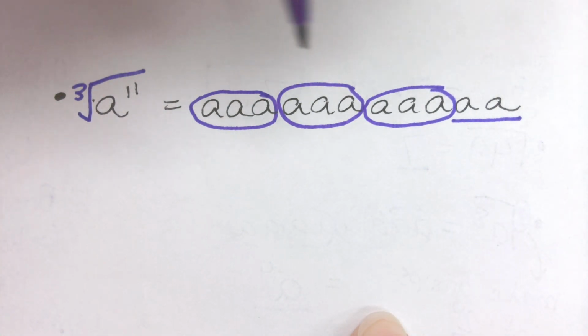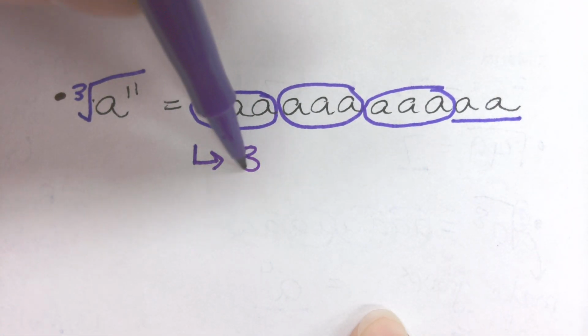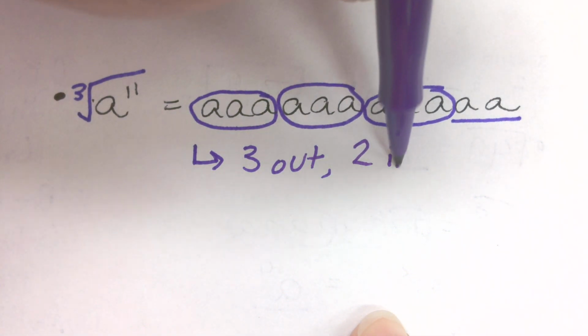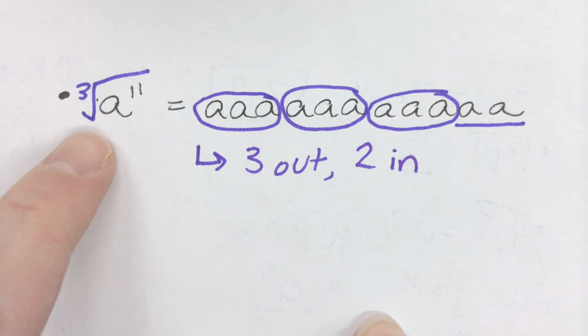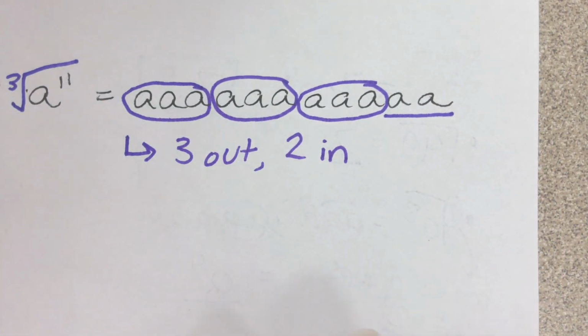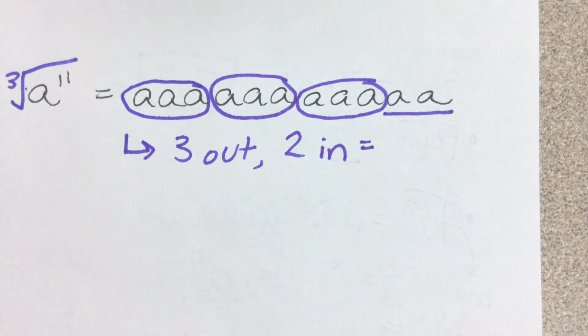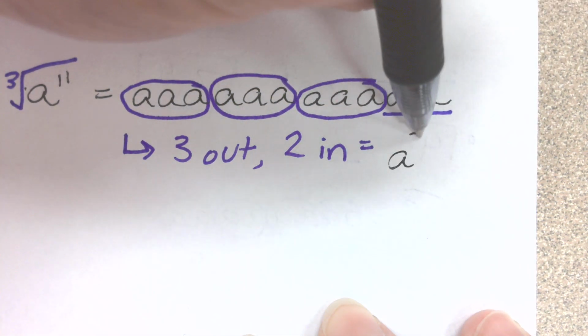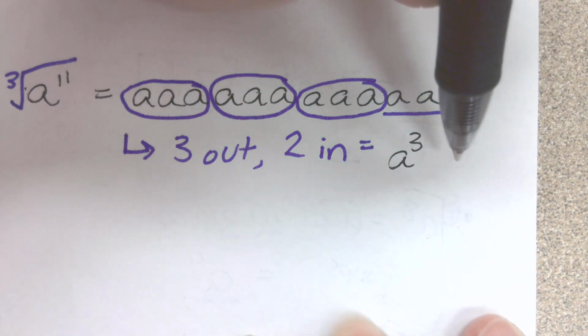This means we could take 3 A's out, and 2 can't come out. So those 2 stay back in the root, the radical. They can't leave it. So writing that out as an answer, we have 3 out. That means a cubed on the outside.